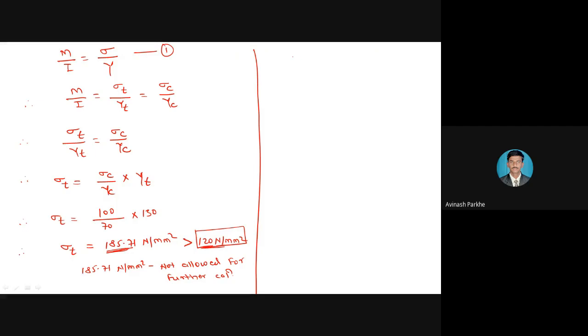Similarly, see, sigma c upon yc is equal to sigma t upon yt. Here I have to calculate sigma c is equal to sigma t upon yt into yc. Okay. Now here sigma t is 120. जसं 100 न्यूटन पर mm स्क्वेअर घेतला तसं sigma t 120. Yt distance is equal to 130. Yc distance is given 70. Tell me the value of sigma c.